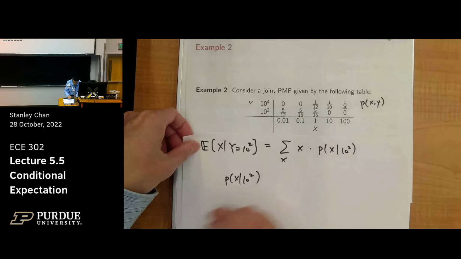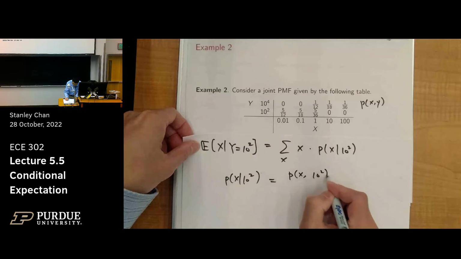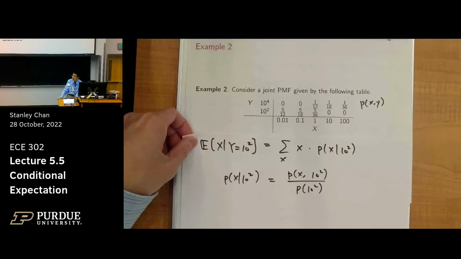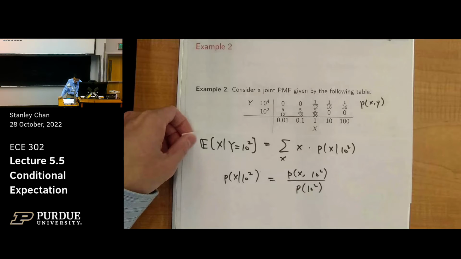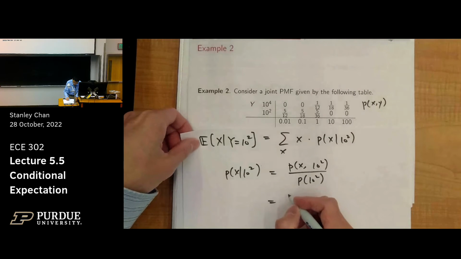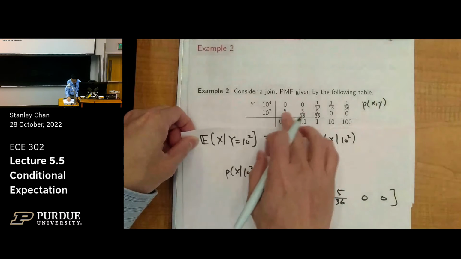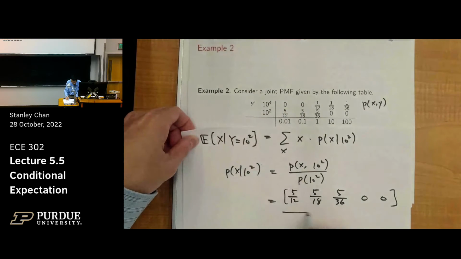That's not too bad. That is just p of x and 10 to the power 2 divided by p of 10 to the power 2. So that's just the definition of conditional probability. And what is this? This is 5 over 12, 5 over 18, and then 5 over 36, 0 and 0. So these are the 5 numbers for the second row.